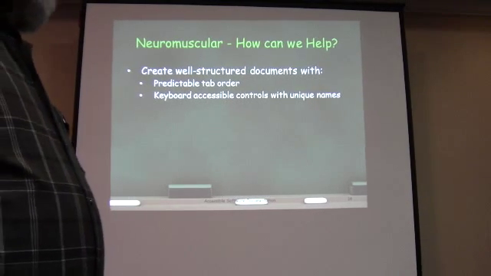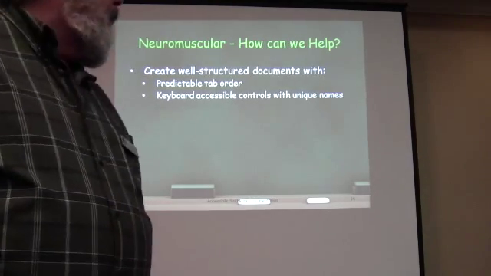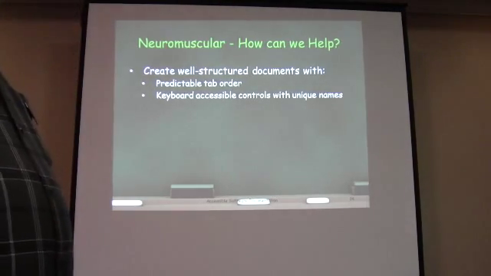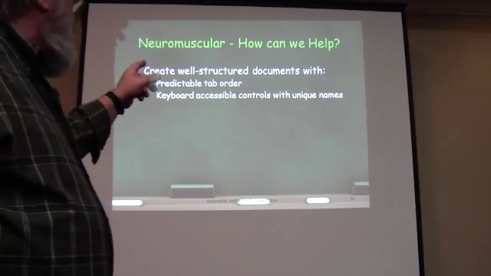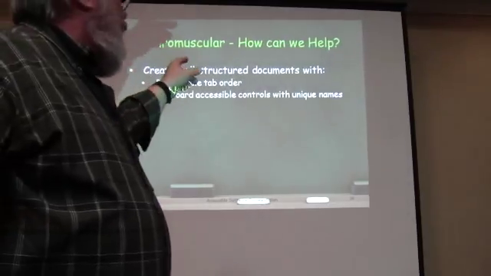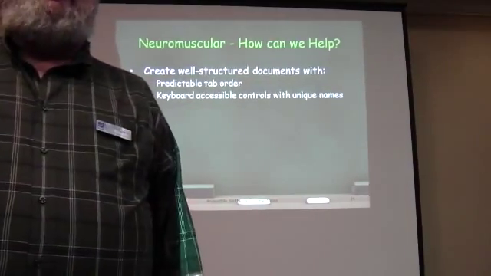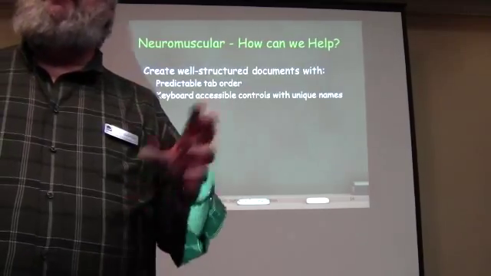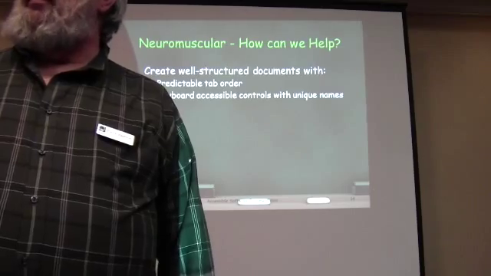How we can help, once again, is creating well-structured documents with a predictable tab order. I mentioned the tab order issue before. And keyboard, this is important too, controls have to have unique names. You can't just have 5 things on the page defined as action button.